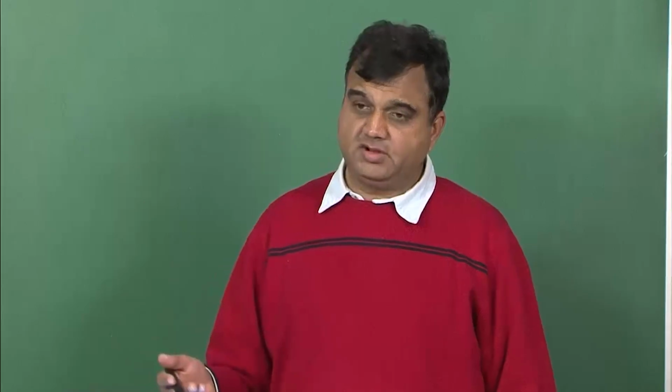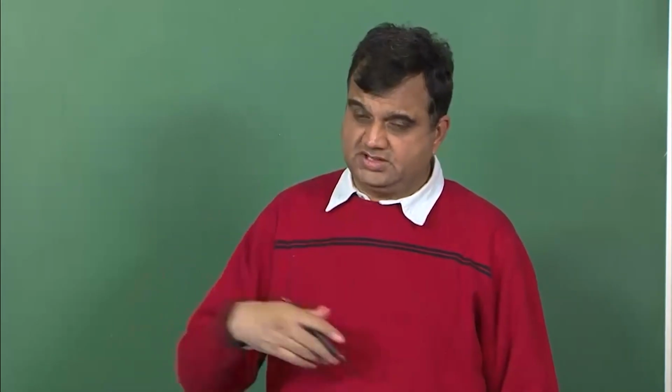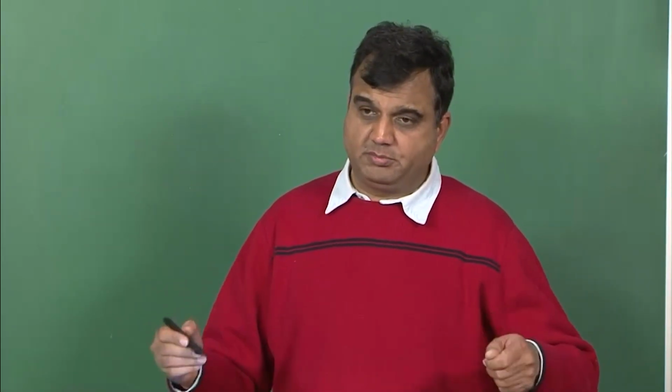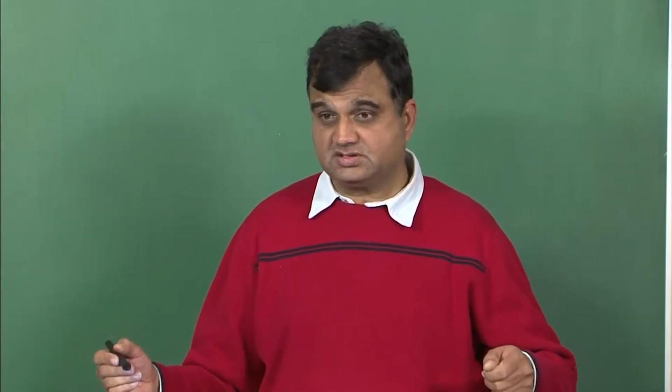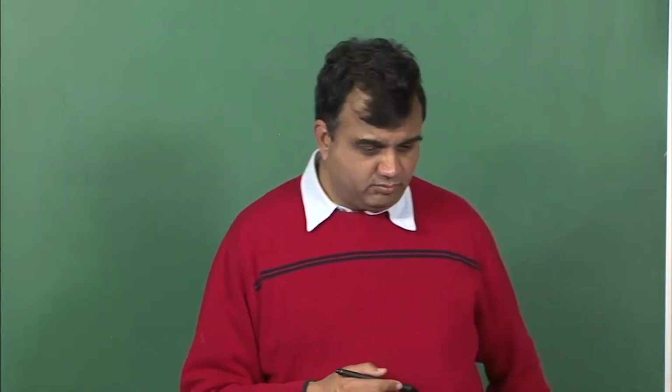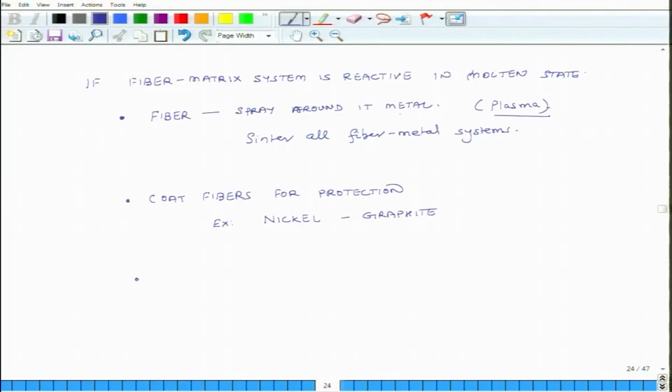The melting point of nickel is higher than that of aluminum, so it does not go away, and then you have a composite with graphite fibers and aluminum or aluminum alloy matrix.